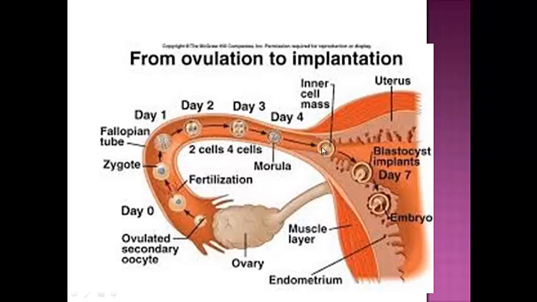Notice how there's a few cavities and things showing up. We're going to talk about those later. And then here you can see how the developing embryo is actually in the endometrial lining. So this is the endometrium, this is the myometrium, and this is the perimetrium. So the embryo is actually embedded inside the endometrial layer, and this is the process of implantation.